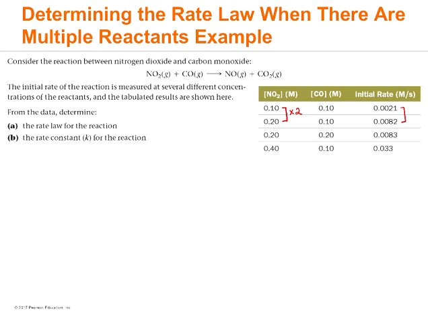So if we look at the initial rate, that has quadrupled. So that already tells us that the order for NO2 is 2. Because remember, if you double the reactant concentration and the rate quadruples, that means n is equal to 2. So we can already start to write our rate law here.